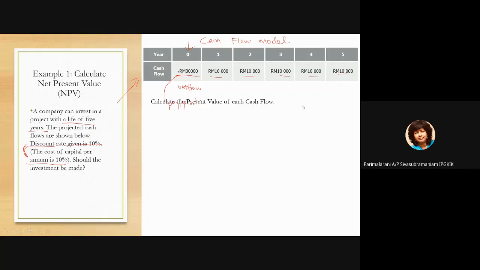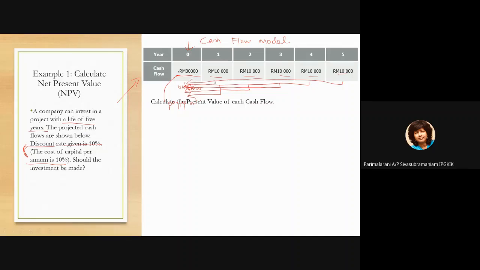That means we calculate how much each of these cash flows is worth today.